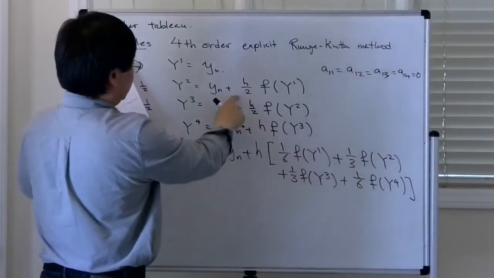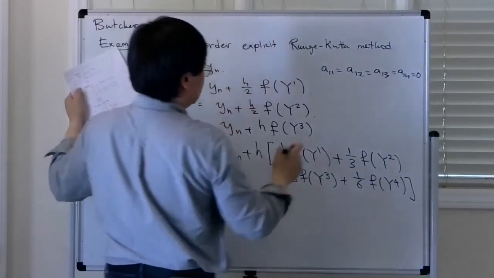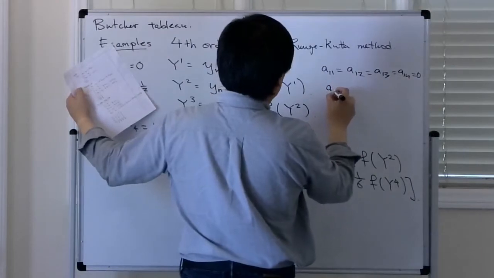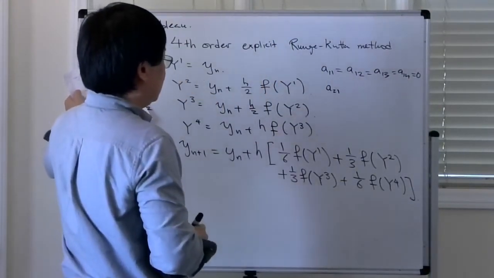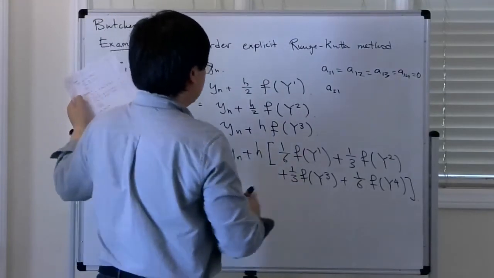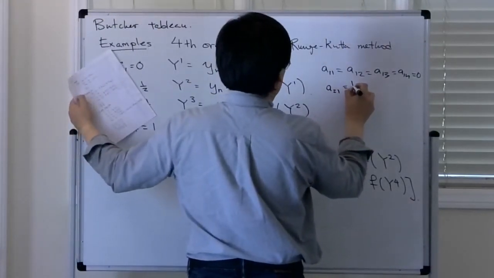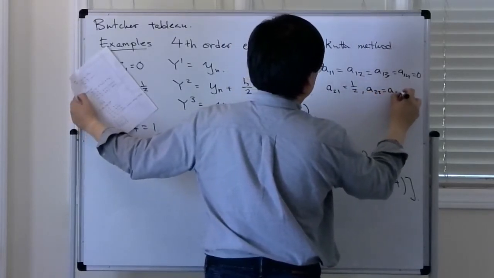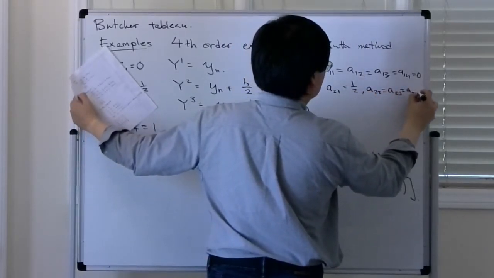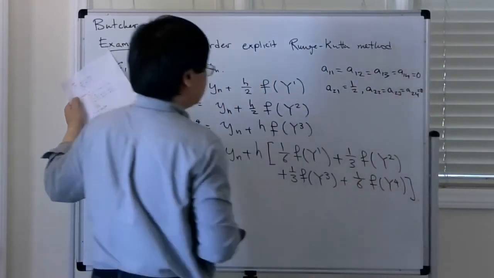So here the only non-zero coefficient is the a21 term. So a21 is going to be 1/2, but a22, a23, and a24 are going to be 0.